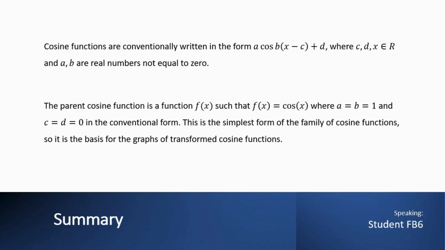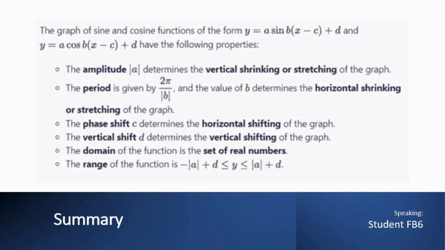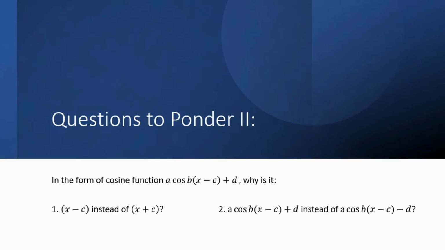To summarize the idea of transformation in cosine functions, please read the following text. Again, to check your understanding of our discussion, here are some questions to ponder regarding the rules of transformation.